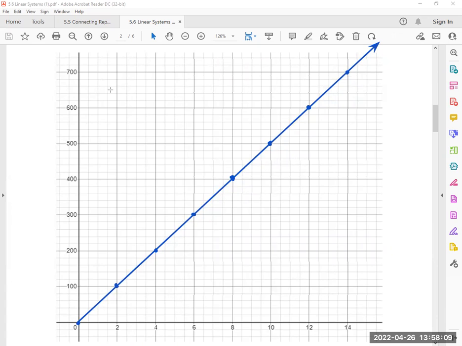And then let's do red. That's pretty big contrast. $100, 180, 260, 340, 420, and then 500, and then 580, 660.